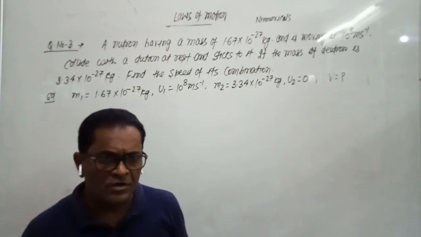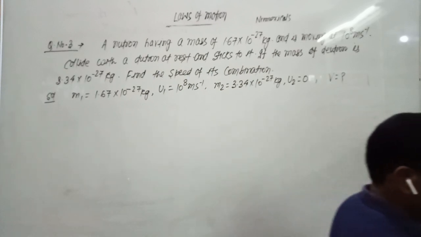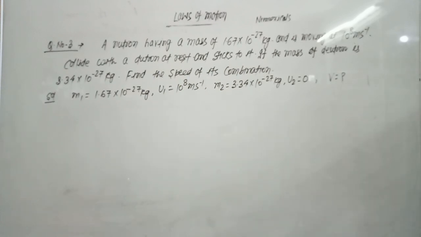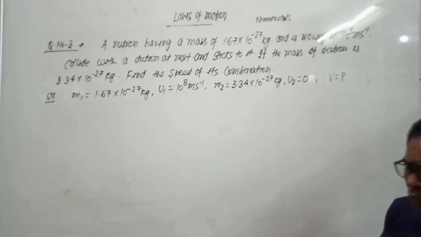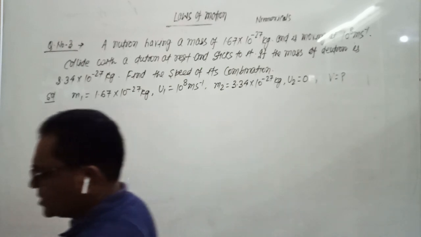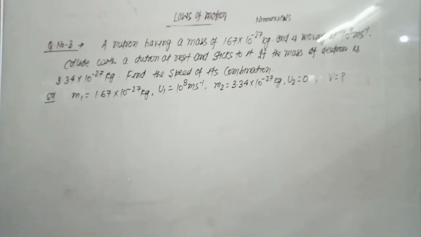When they stick to each other, their total mass becomes m1 plus m2, and we have to calculate the velocity with which this total mass is moving.